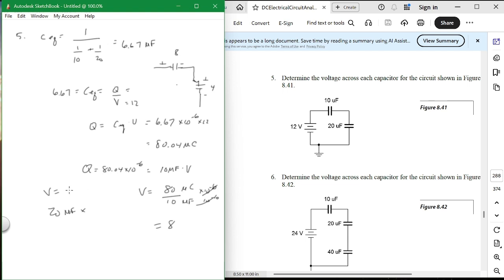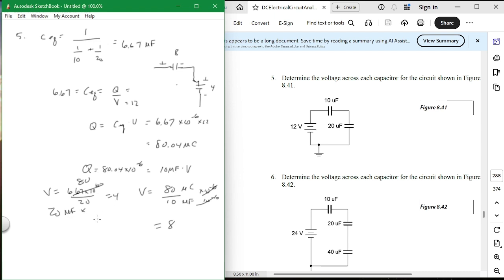Charge is 6.67 times 10 to the minus 6th. So the voltage of this one is Q over 20. This is not right, excuse me, this is 80. 80 divided by 20 is 4. And that's what that is.